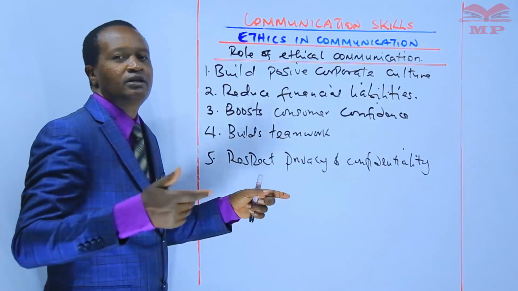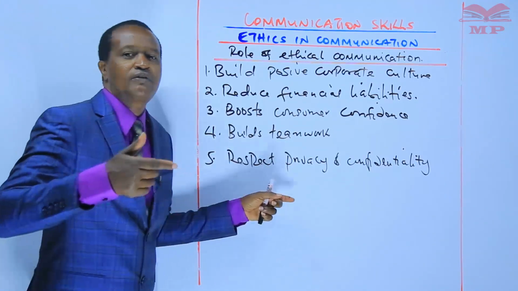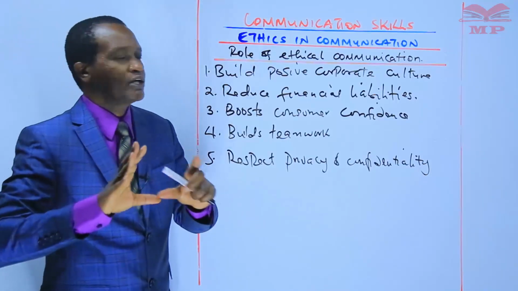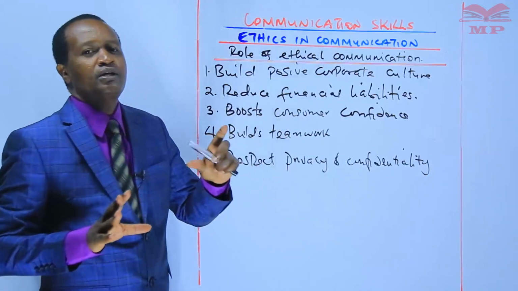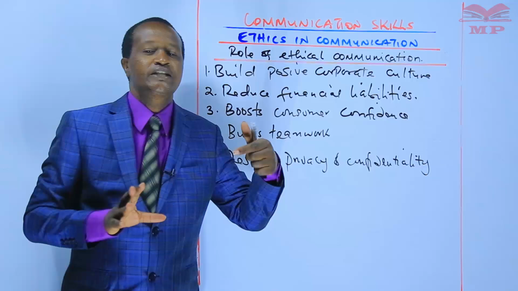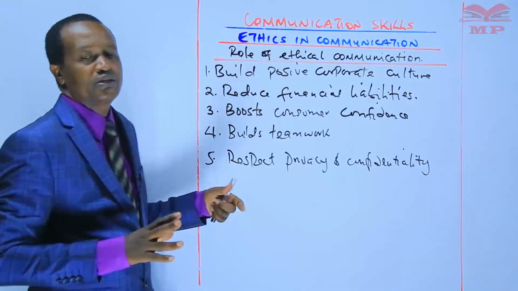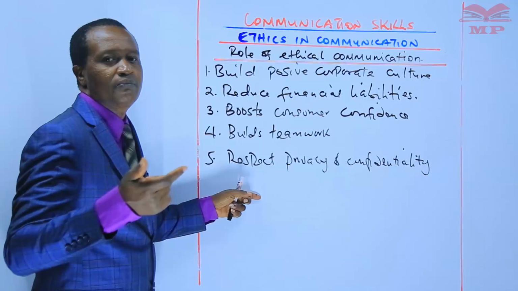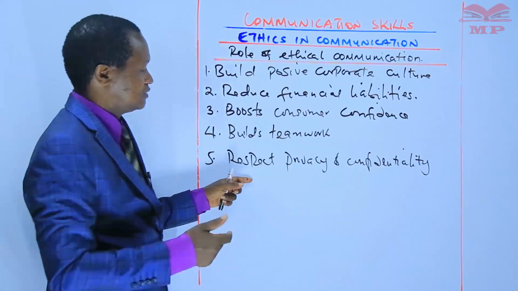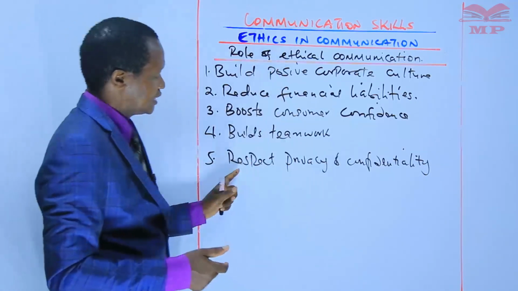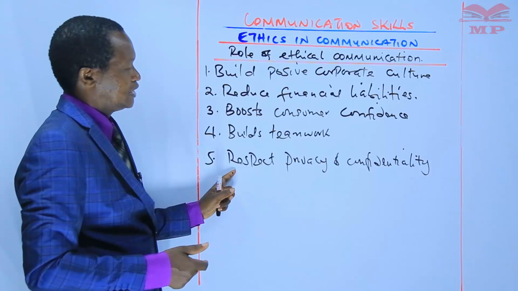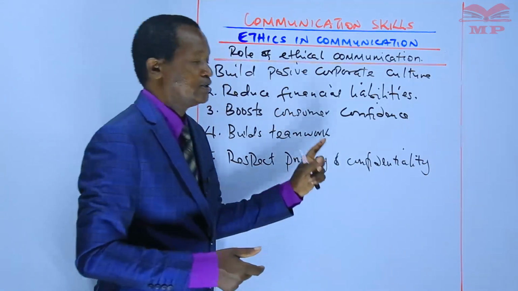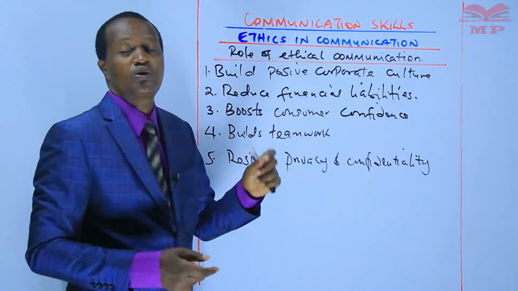This can have a wide range of implications, including minimizing workplace gossip and mitigating toxic conversations about the private lives of clients and their personnel. So ethical communication can help a company to respect privacy and confidentiality, especially the confidentiality of clients.